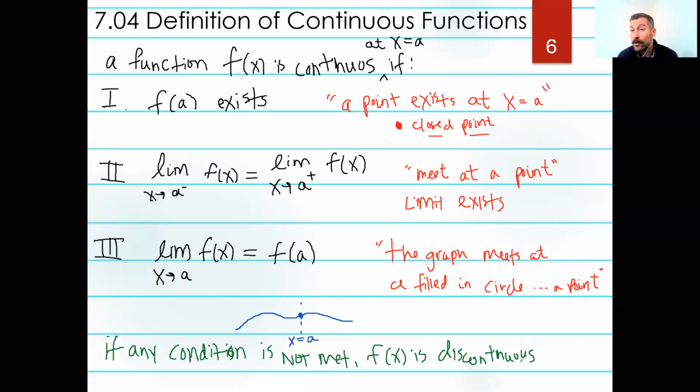And what we're going to have to do today is actually prove and justify if and when a graph is discontinuous. We need to know something about the continuous definition to prove if it's not that. So basically, if any one of these three things doesn't work, then it's not continuous, it's discontinuous.